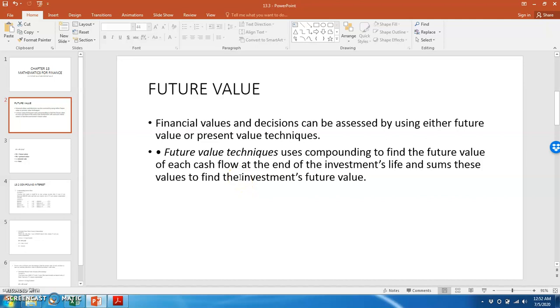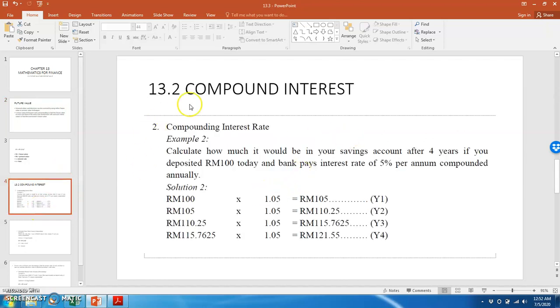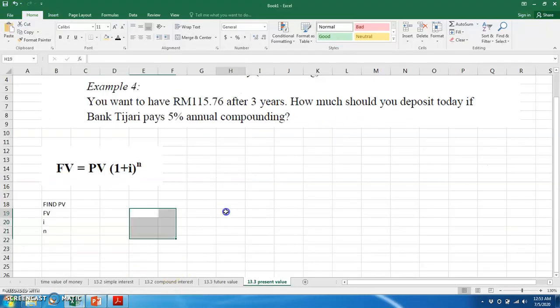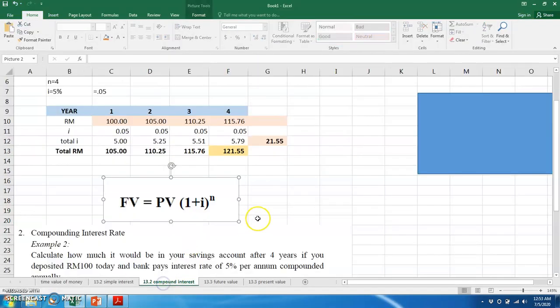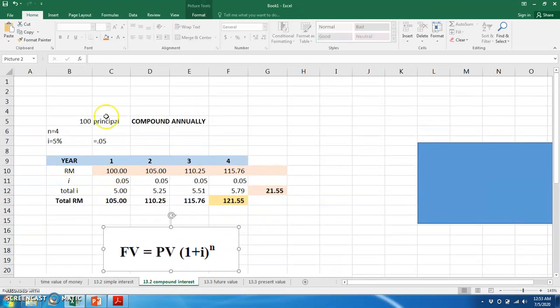Meaning, if I invest 100 today, how much will I get in the next 4 years? They will ask you about the calculation, but I would like you to focus on the keywords. This is the previous lecture about how to calculate the compound interest.